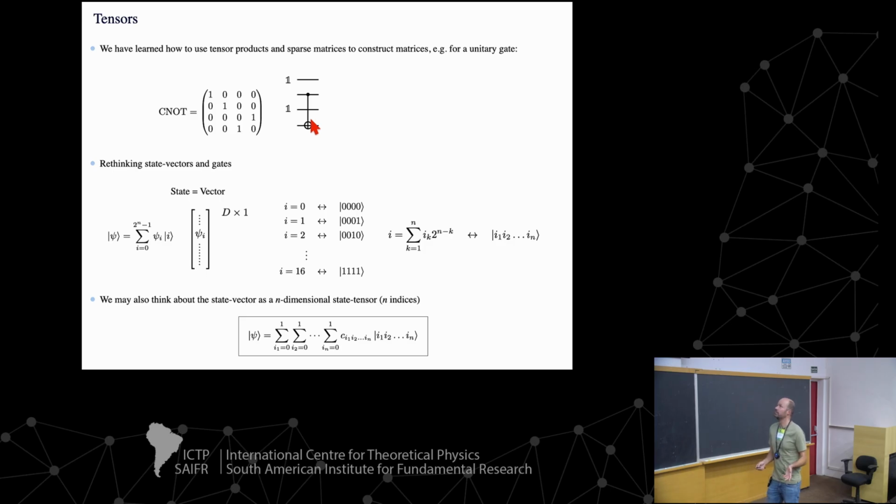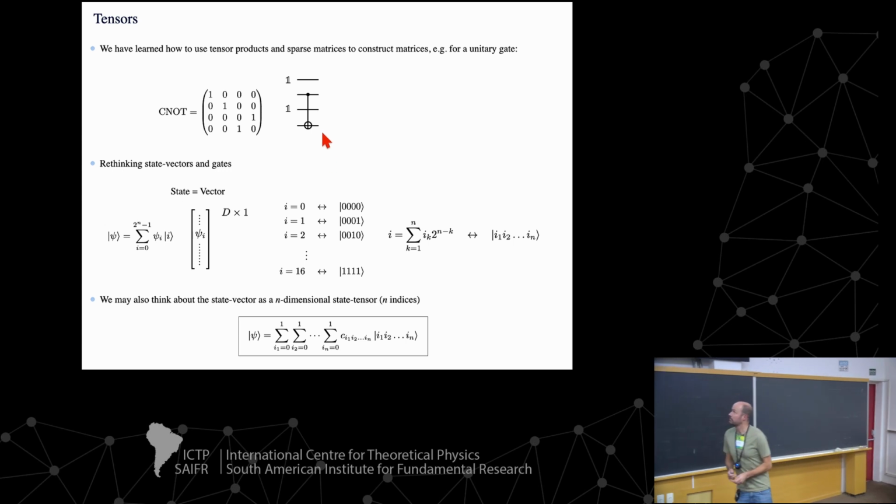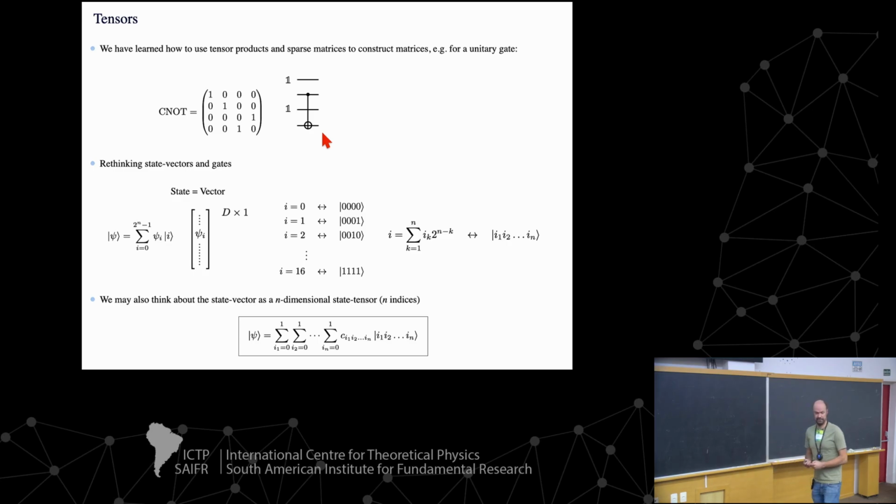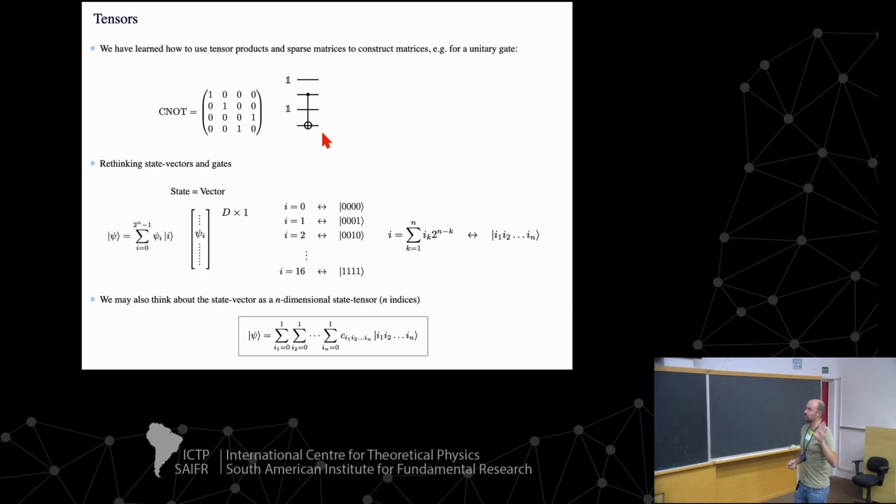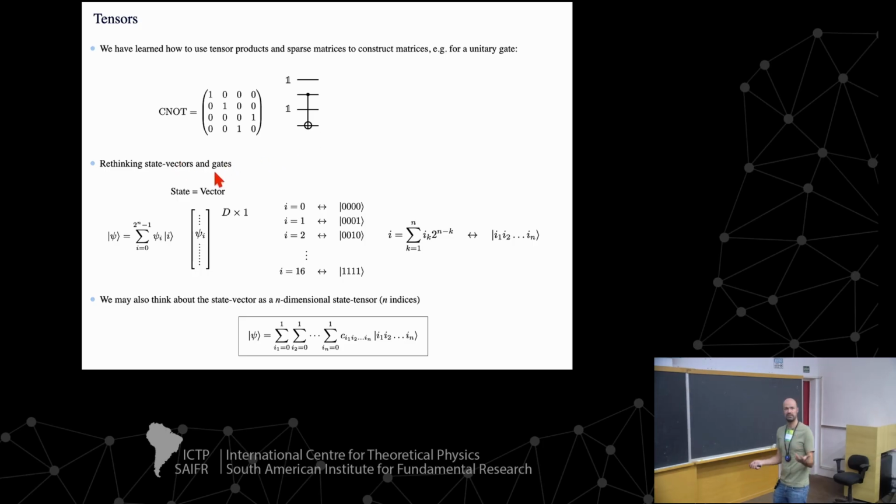So for example, a controlled operation on the second qubit, and then conditionally on what you measure here, you do a flip of this 4th qubit. Okay, good. So as I mentioned last time already, I want to rethink a bit the concept of state vector and gates, and instead of writing them as vectors and matrices, I want to write them as high-dimensional tensors.